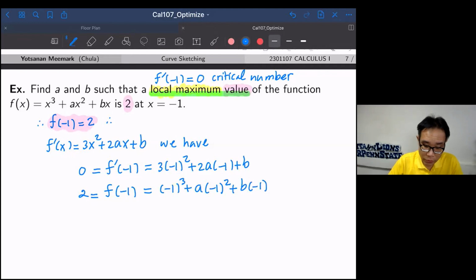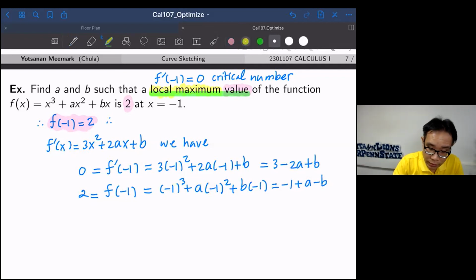So this will give you one equation: 3 minus 2a plus b, and the other is -1 plus a minus b.